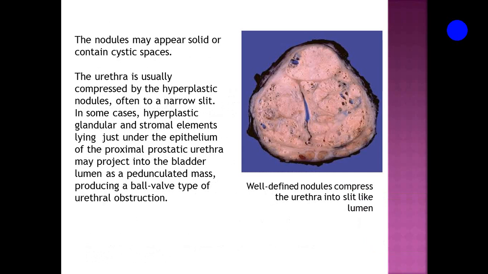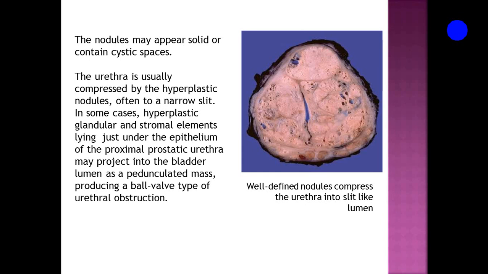The nodules, as the picture shows, may appear solid or contain cystic spaces. These well-defined nodules compress the urethra into a slit-like lumen.